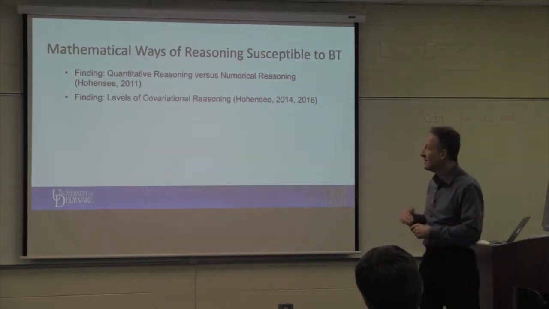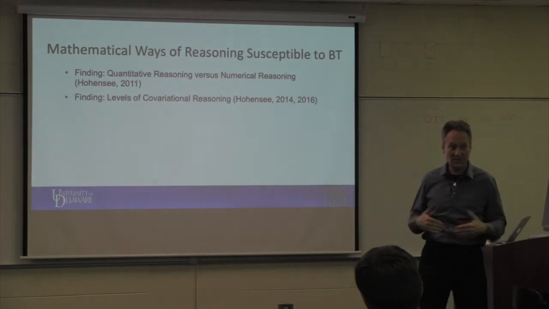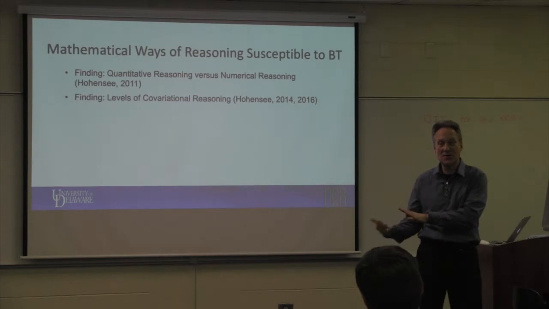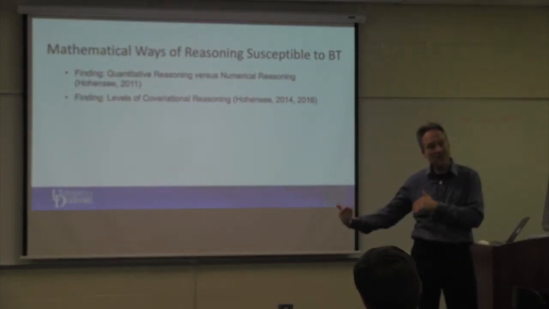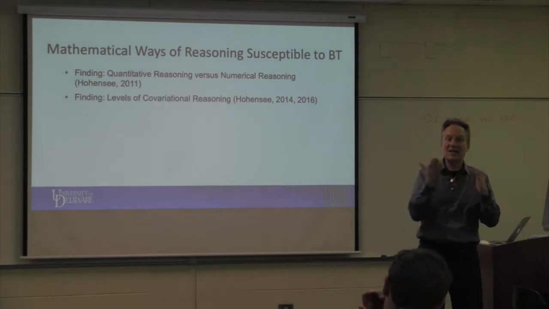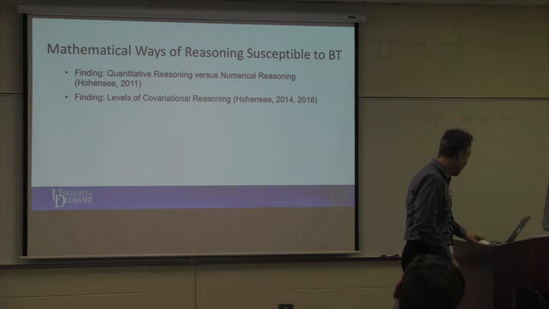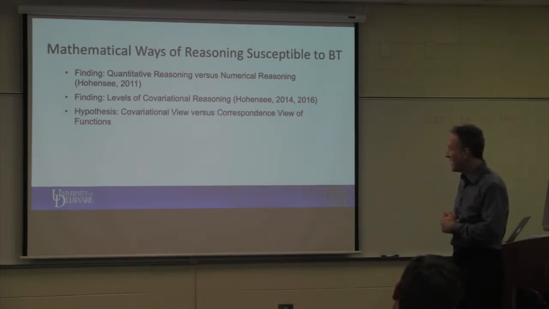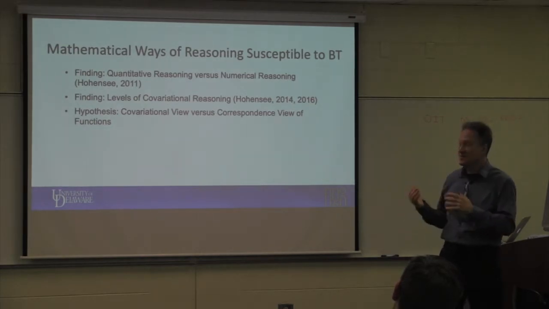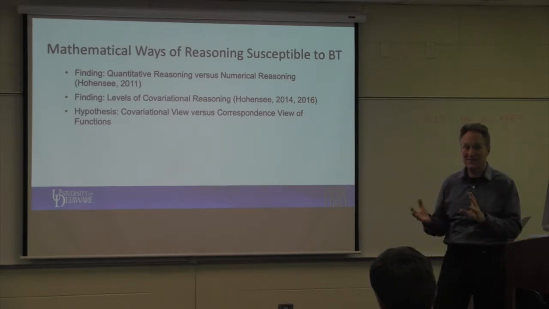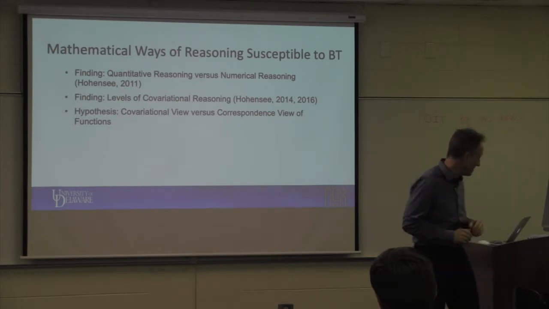I also showed that the levels of covariational reasoning, the way that students reason covariationally, can change. If you teach concept 2 in a way that emphasizes higher levels of covariation, then there's a chance that students will reason with higher levels of covariation in concept 1. And then I have a couple more hypotheses that I have not shown yet, but I think that this distinction between a covariational view of functions or a correspondence view of functions could be another way of reasoning that might be susceptible to backward transfer.